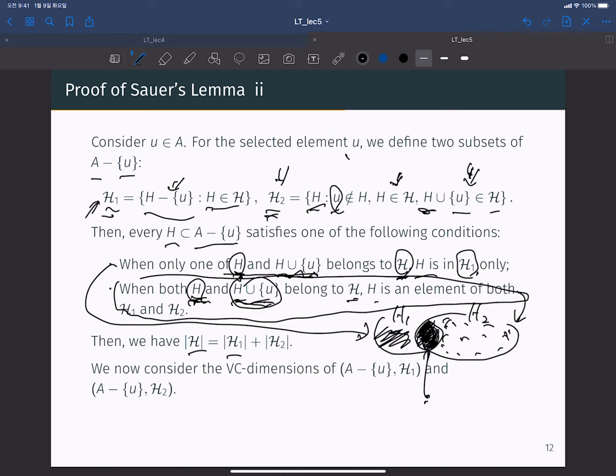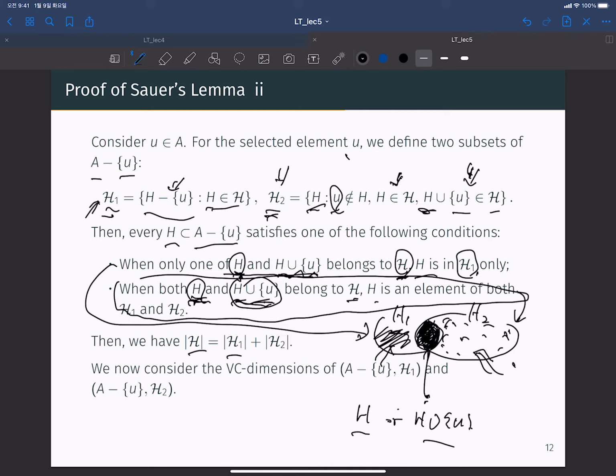So what that means is each part of this element will make a corresponding hypothesis either by H itself or H union U. But for the union case, both are possible.